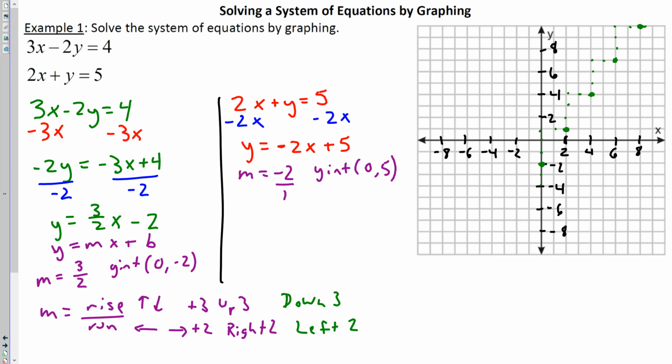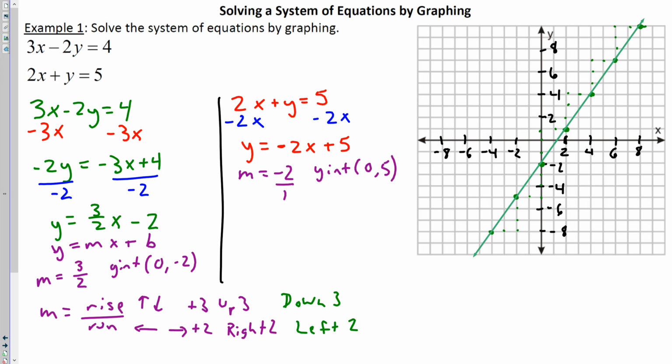So I would go down 1, 2, 3, to the left 2, and that fits with how our line was sloping. We can see it's still going through the same slope and direction that we saw previously. And again, I can generate as many points as I want. 1, 2, 3 down, to the left, and I've got as many points as I can. So at this point, I would use a ruler or a straight edge to make this line as perfect as I can.